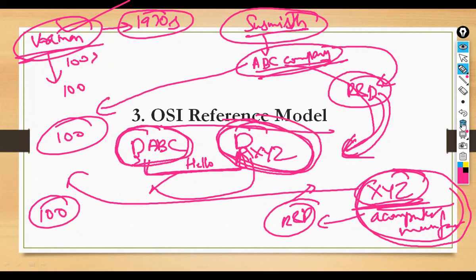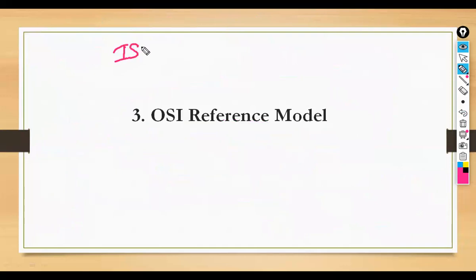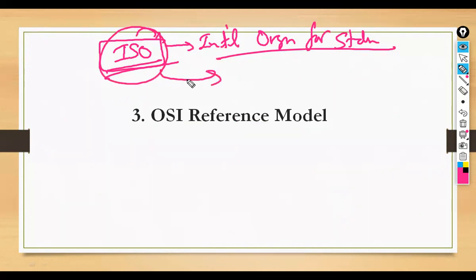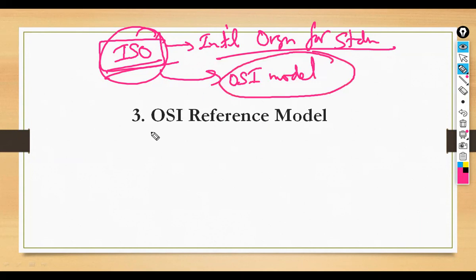Now, an organization called ISO, the International Organization for Standardization, came up with a set of protocols, a set of rules and regulations, and that is called the OSI model. OSI means Open System Interconnect.